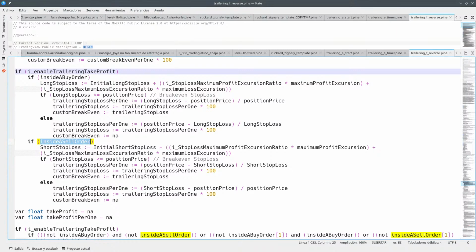And do we even need any of this? That's the good question. We also need the new position price that get used. So we need a lot of stuff.